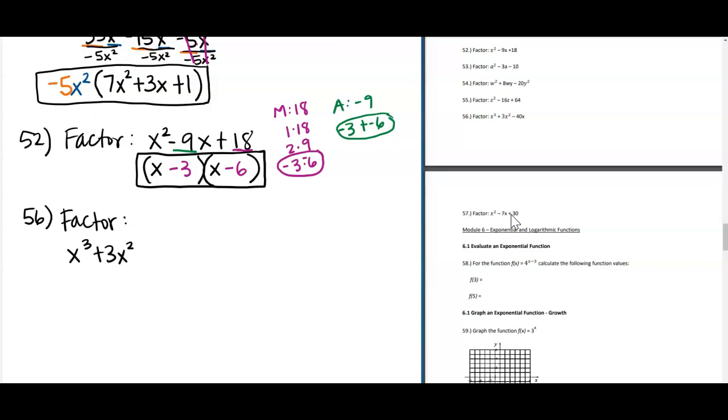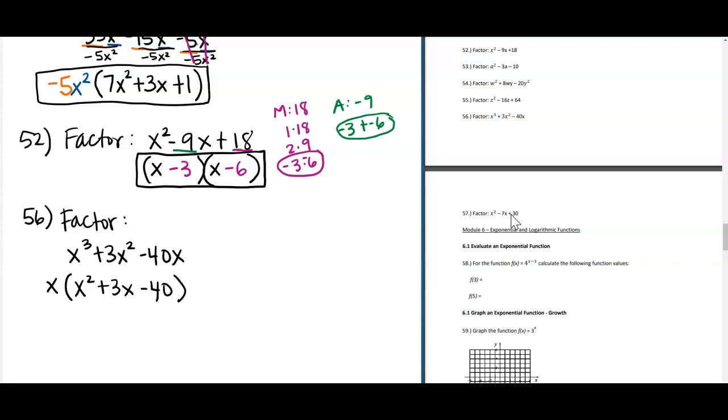On this one, each of our terms doesn't have a coefficient that can divide out, but each of them has an x that can be divided out. So we've got to take that x out in front first. When I divide each of these terms by x, the left-hand side will be x squared plus 3x, and then minus 40.